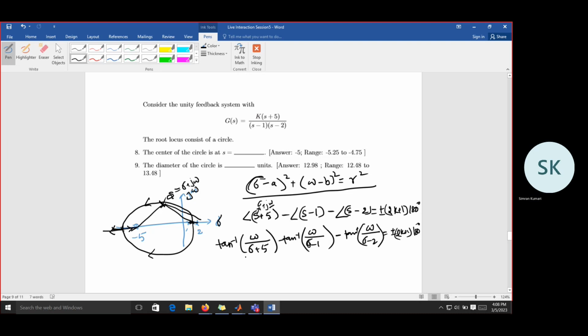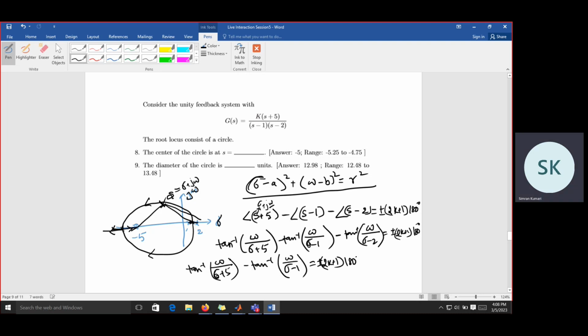Okay, so what can we write about this? Suppose we have this one: tan inverse omega by sigma plus 5 plus tan inverse omega by sigma minus 2.